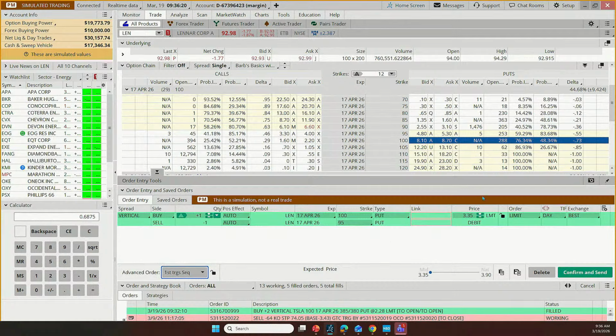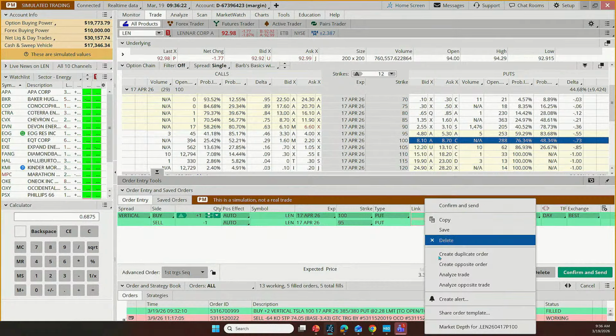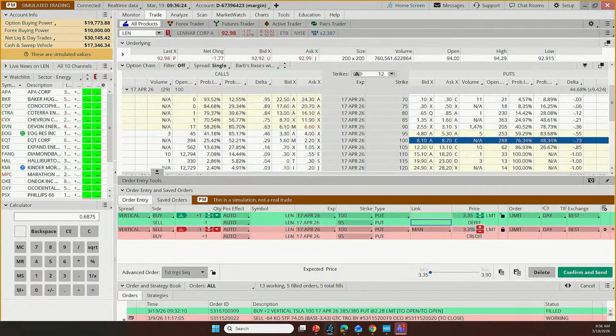Okay, so we're going to right click, create an opposite order, and we're going to make this 415. Good till canceled. I put this in as a way of eliminating a trade because the bid-ask spread was too wide.